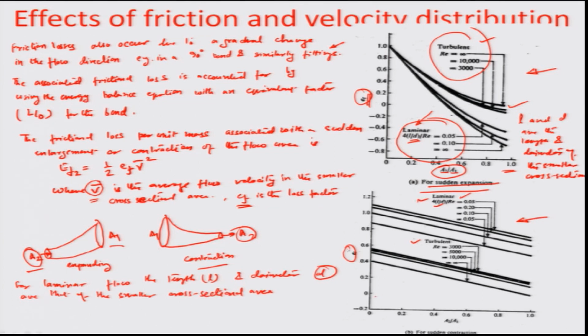The value of EF depends on whether the flow area is enlarging or contracting in the flow direction, and the value of EF for a sharp change in the flow cross section can be recorded as in these two graphs shown here. Obviously, depending on the type of entrance, there is also an entrance effect which is added onto this friction factor, where this EF term gets slightly modified because of such entrance effects.